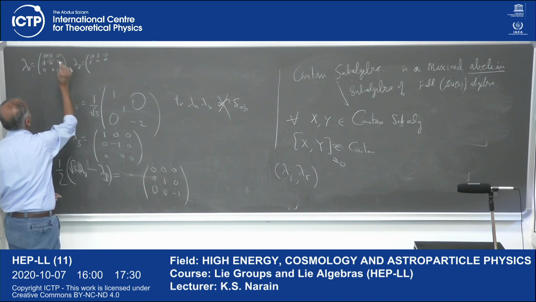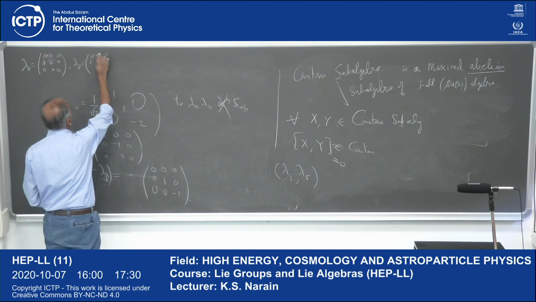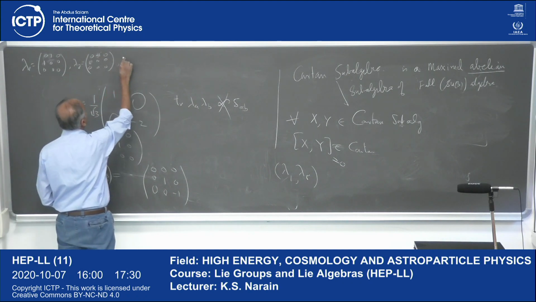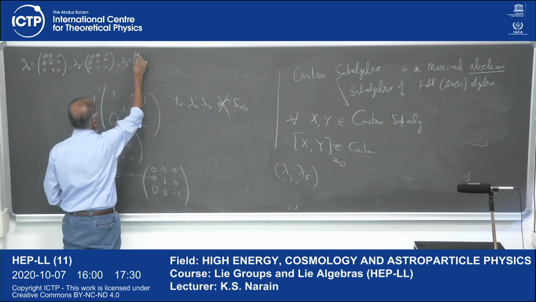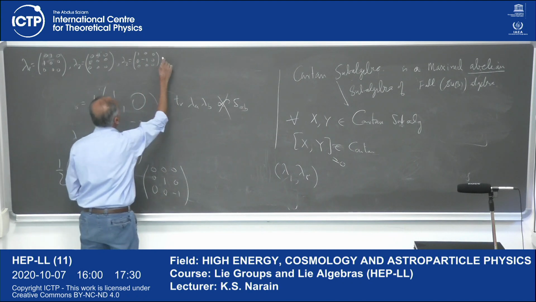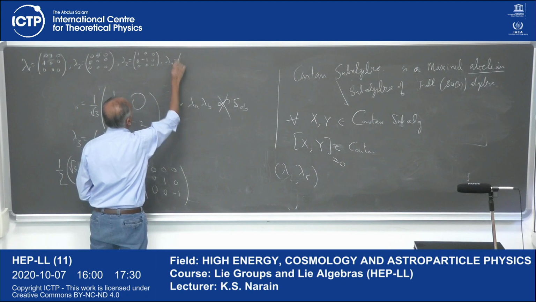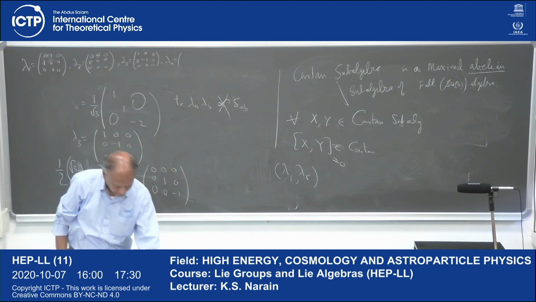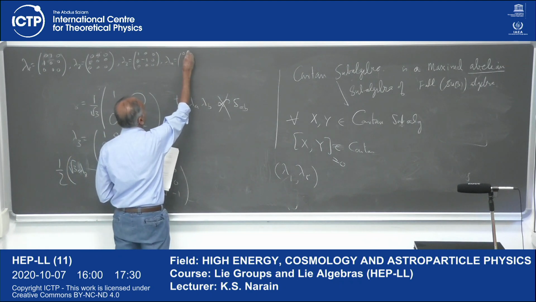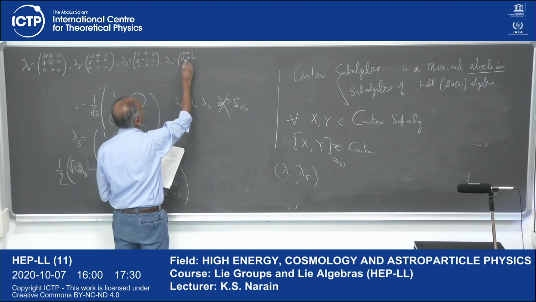Lambda 2 is 0, minus i, 0, i, 0, 0, 0, 0, 0. Lambda 3 was this one, 1, minus 1. Lambda 4 was 0, 0, 1, 0, 0, 0, 1, 0, 0.